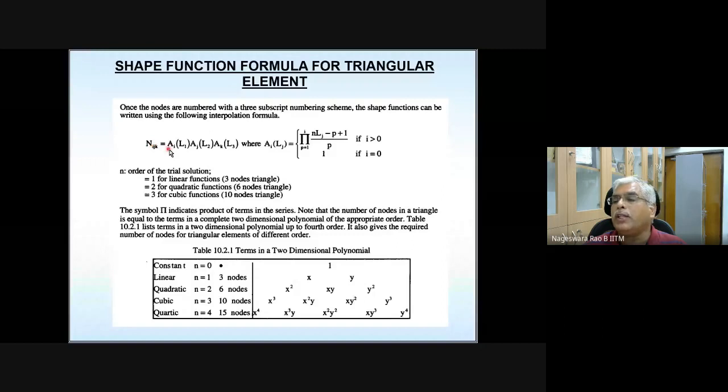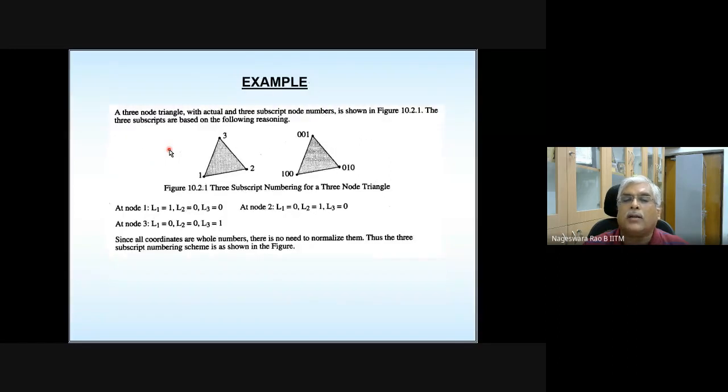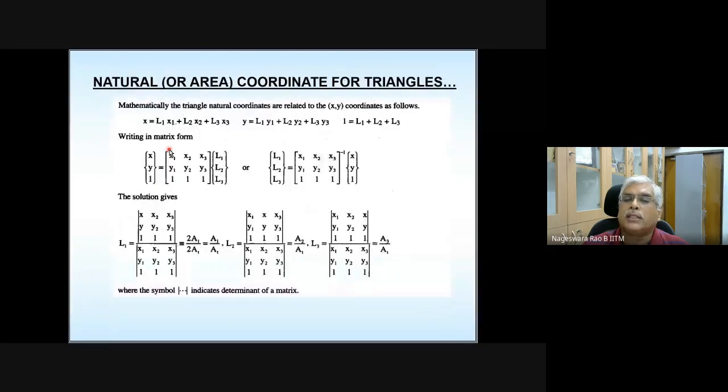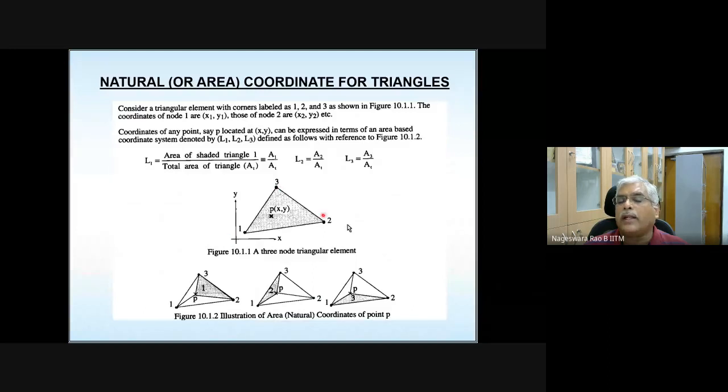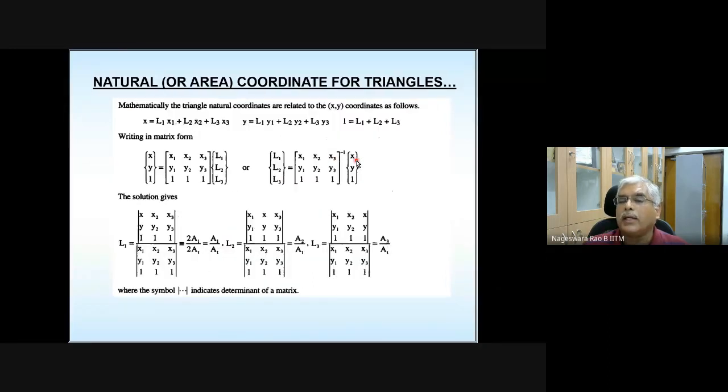So N0, 1, 0 is same as L2. N0, 1, 0 is nothing but N2. N2 is same as L2. And similarly, you can verify for the third node. So that is what we noted yesterday also. Shape functions for this 3-node triangular element N1, N2, N3 are same as L1, L2, L3.